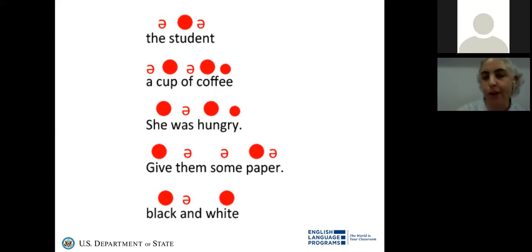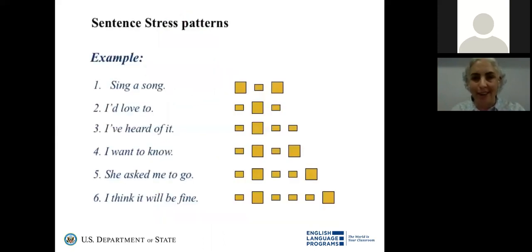Especially notice at the bottom we don't say black and white. We say black 'n' white because it's not stressed. It switches to a schwa. Maybe go through those later and try practicing those phrases. It's a good way to get used to pronouncing the sound.